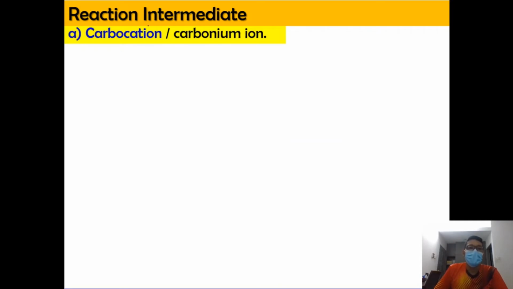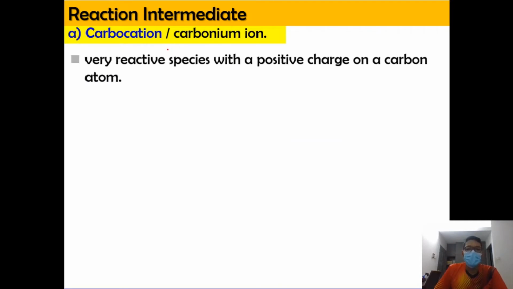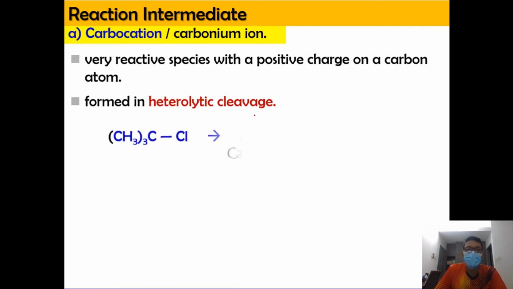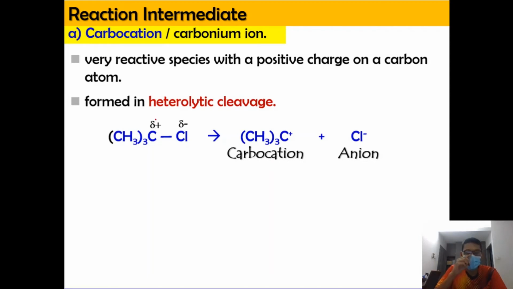So now let's look into the carbocation first. It's a very reactive species with a positive charge on a carbon atom, and this is formed due to heterolytic cleavage. As mentioned here, this is the heterolytic cleavage, and the carbon is going to carry a partially positive charge, meanwhile chlorine is going to carry a partially negative charge.